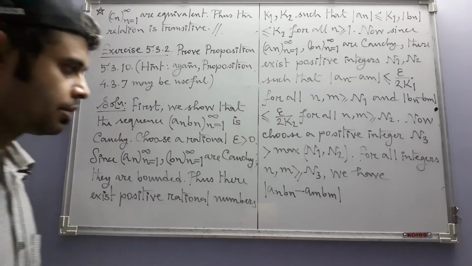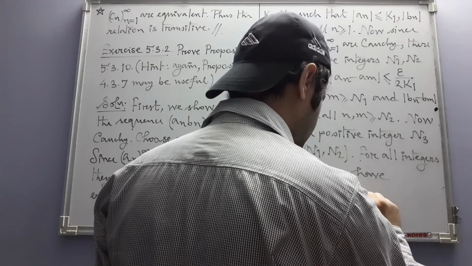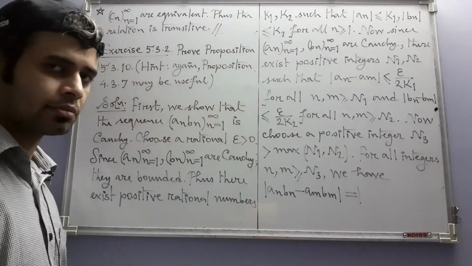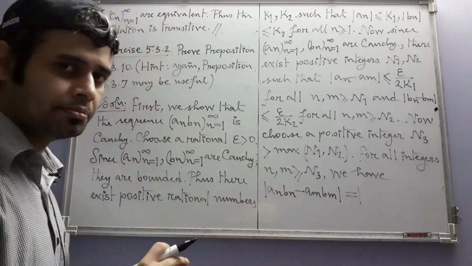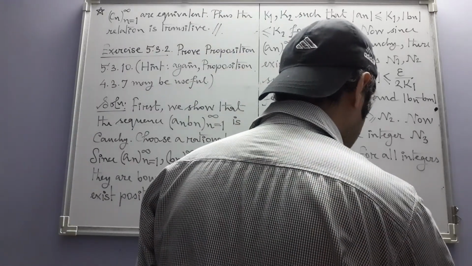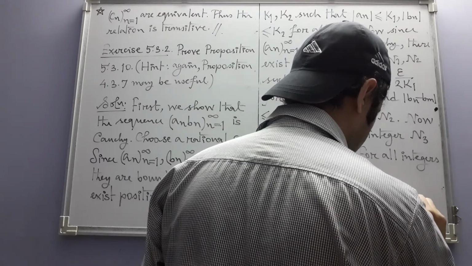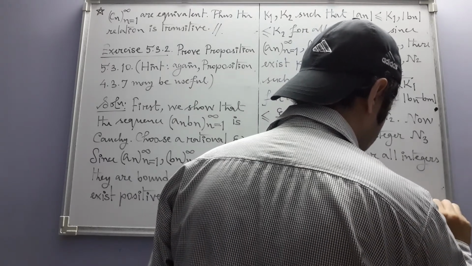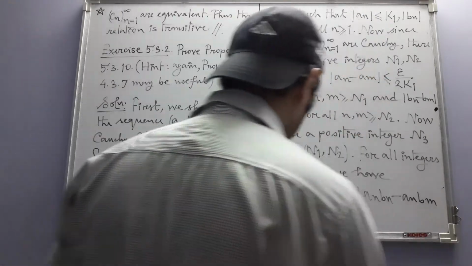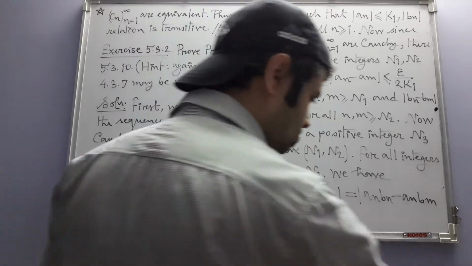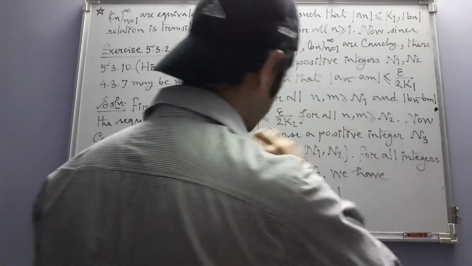Now what we do inside, we introduce a new term, and that new term is anbm, that is anbn minus anbm. But because we introduced a new term, we have to write this term there.